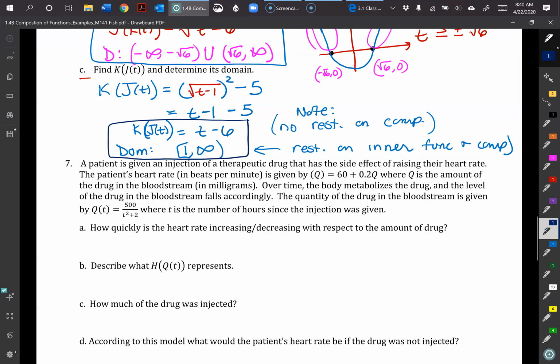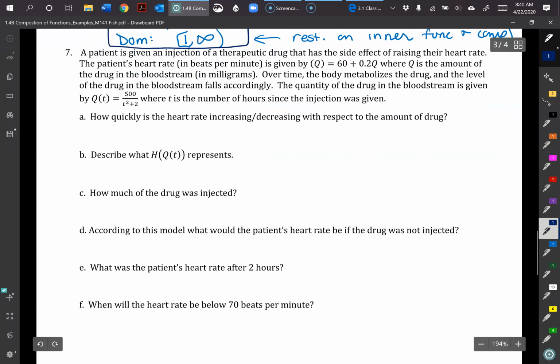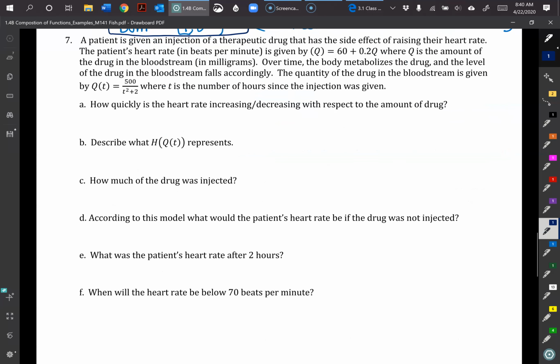That went pretty quick, so I'm going to get this word problem done as well. A patient is given an injection of a therapeutic drug that has a side effect of raising their heart rate. The patient's heart rate in beats per minute is given by H of Q equals 60 plus 0.2 Q, where Q is the amount of the drug in the bloodstream in milligrams.